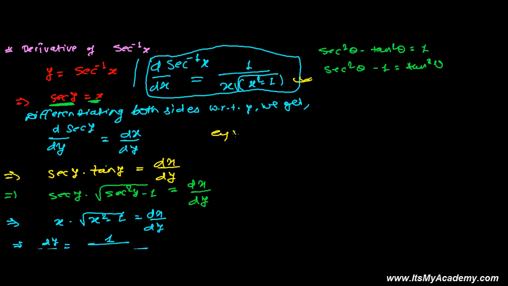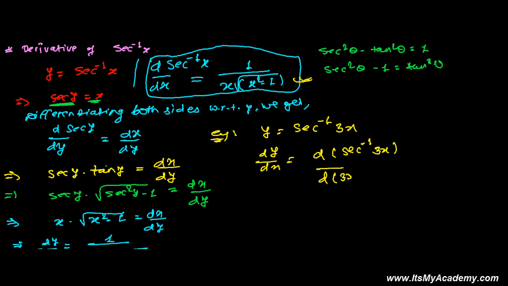For example, if I have a sec inverse function like sec inverse 3x, how will I find it? Let me suppose y equals sec inverse 3x, so dy over dx will be the derivative of sec inverse 3x with respect to 3x, because the angle is 3x, times the derivative of 3x with respect to x.